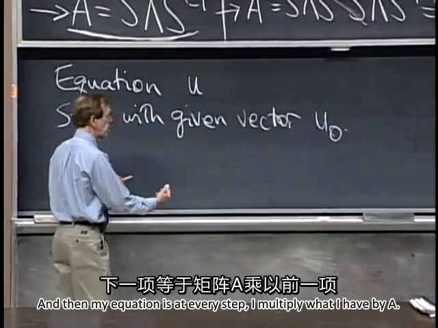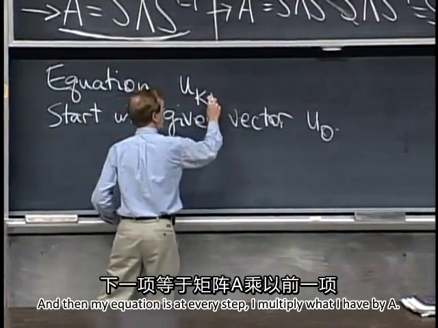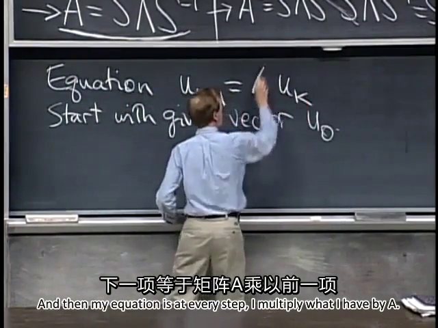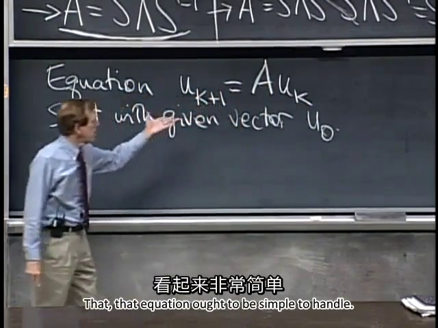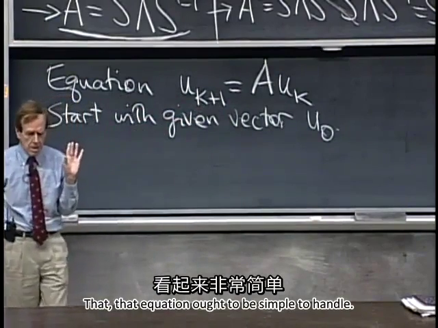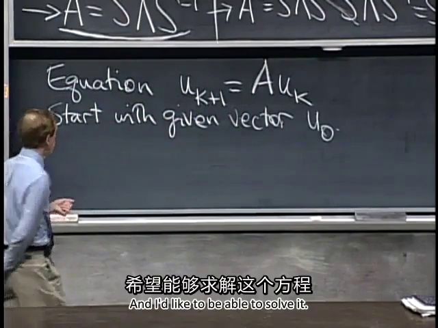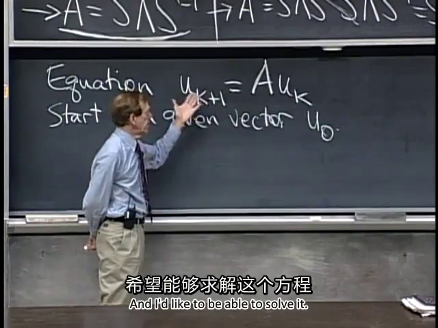And then my equation is that every step I multiply what I have by A. That equation ought to be simple to handle. And I'd like to be able to solve it.